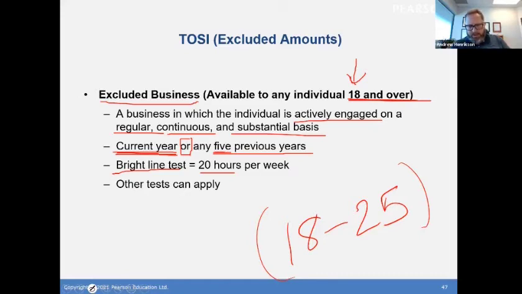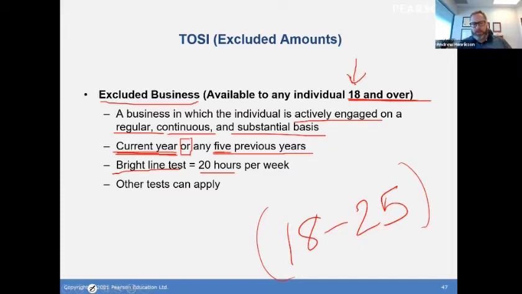It says note that if the business is seasonal, like a landscaping business, the 20 hours per week requirement is only required for the portion of the year in which the business operates. So same thing, if you're not operating in the winter, you don't have to be doing 20 hours a week in the winter.